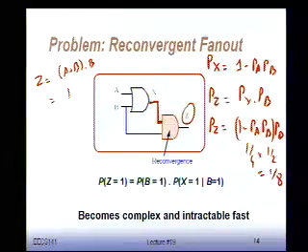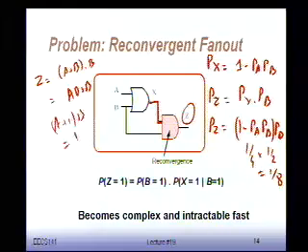This thing never switches if you evaluate it, at least that's what I think. Let's say AB plus B, so it's A plus 1 times B, which is 1. So this logic gate never switches.